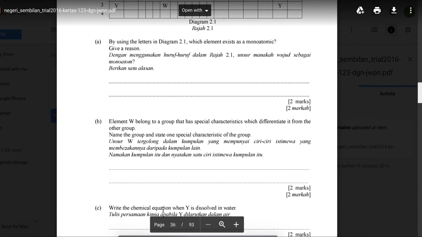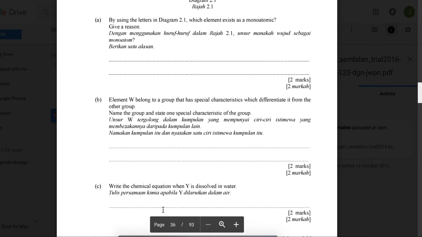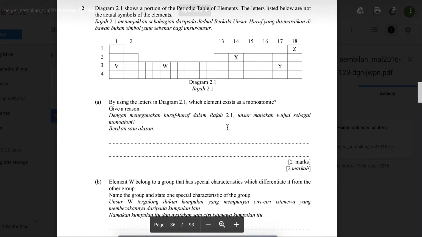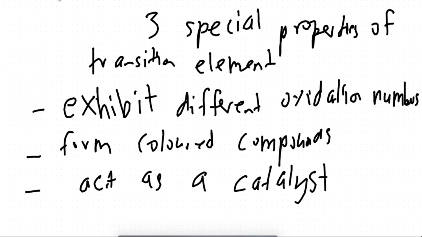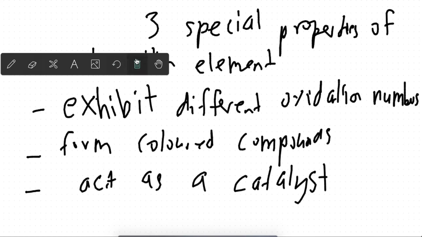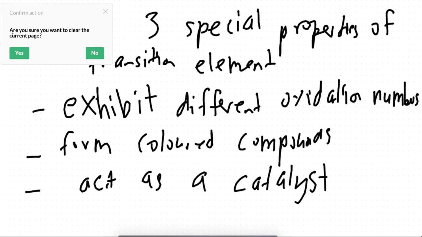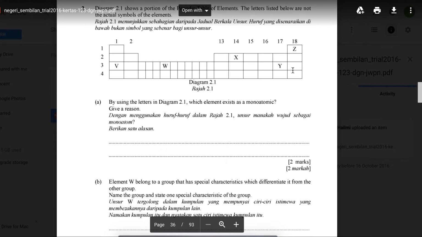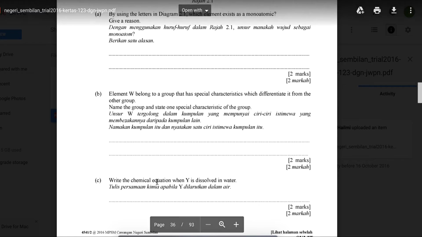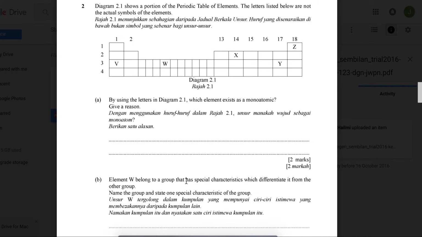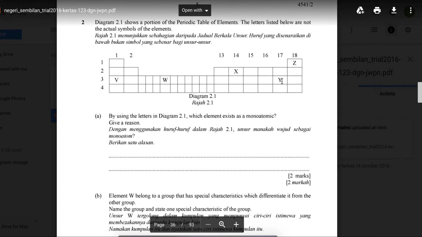Write the chemical equation when Y is dissolved in water. What is Y? Y is chlorine. Okay, so let's do this. So when Y is dissolved in water, we need to know what Y is.